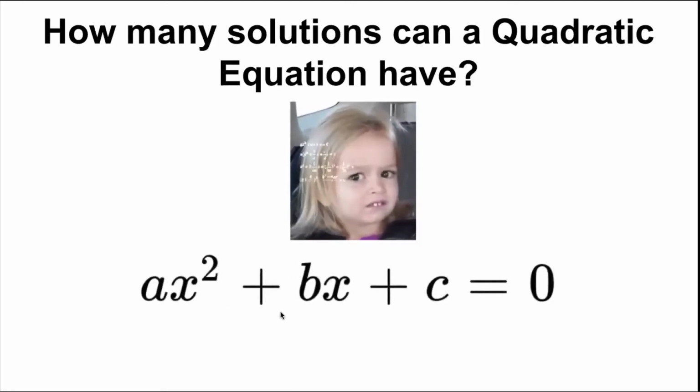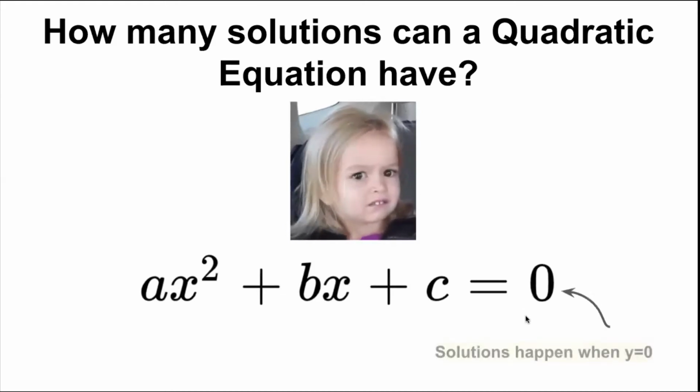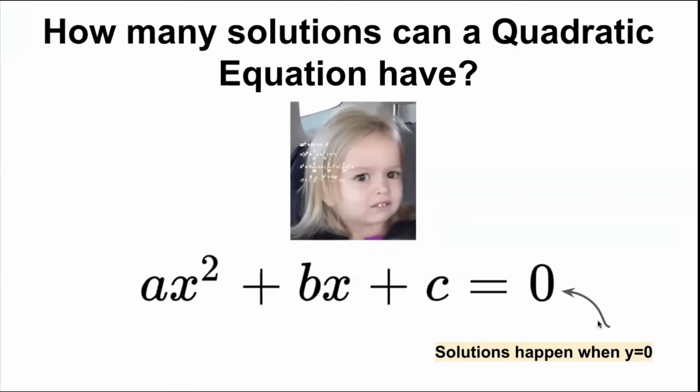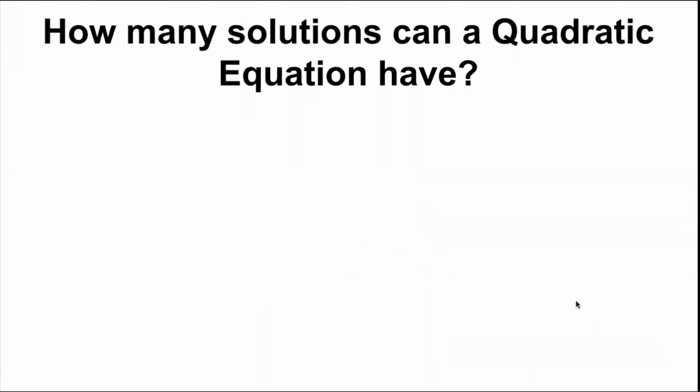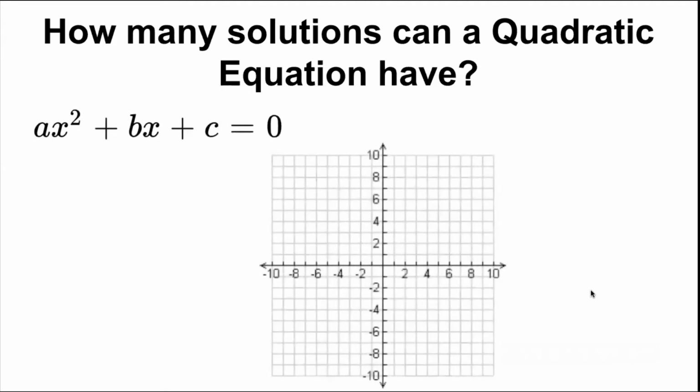Remember that whenever we have a quadratic equation in standard form, ax squared plus bx plus c, we're looking for solutions when y is equal to 0. That's when we start solving. We want to make that y variable 0, right? So here we have our standard equation.